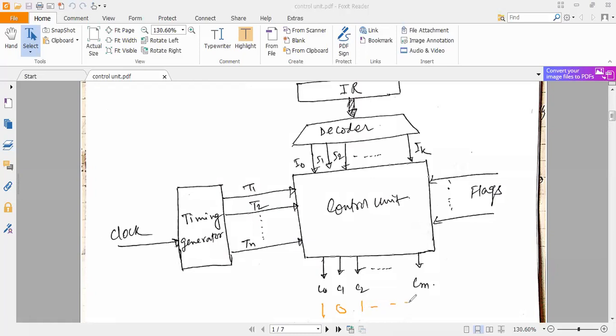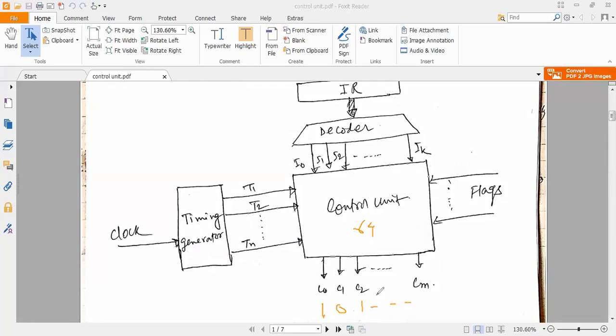If it is 64 bits, then there are 64 bits, depending upon the number of bits. So here C0 and C2 have high voltage, that is 1, and any other bits are 0. That means all others are reset. It does not always happen.